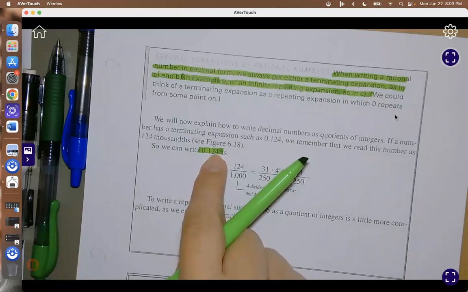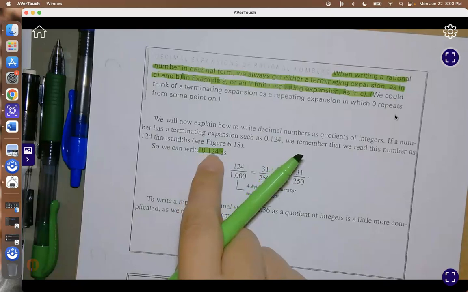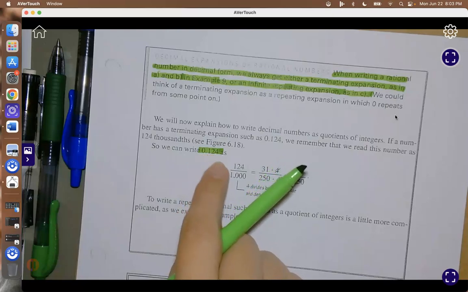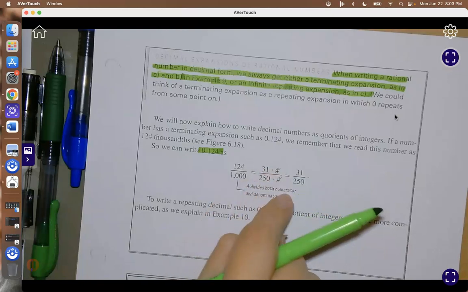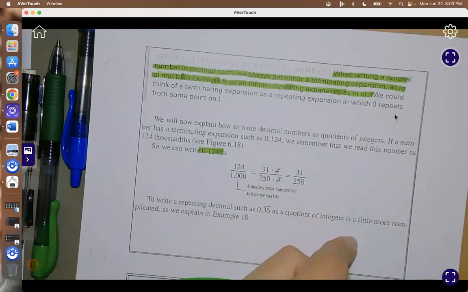Okay, that 4 is in the tenths, hundredths, thousandths. So it's 124 over 1,000. Then just reduce that fraction.